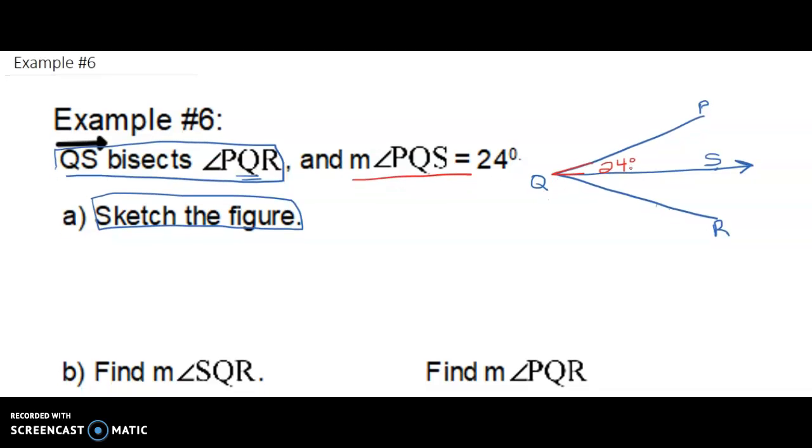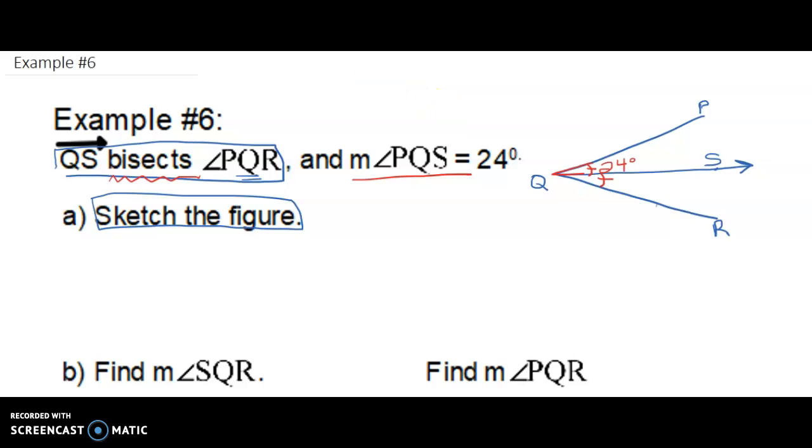All right, now I'm going to ask you, what does it mean to bisect? So remember that anytime we say something bisects something, it cuts it in two equal parts. So that means that this angle here is equal to this angle here. Okay? So find the measure of angle SQR.